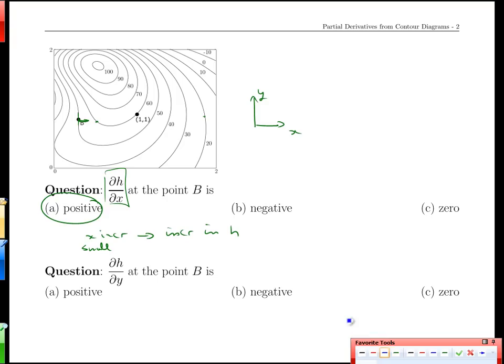Last but not least, what if we looked at the h derivative with respect to y? So we're at this point, and this is where it really helps to zoom in. Again, this is a small or even a tiny increase in y. If we take a very careful look around this point here, what we would see is a contour line, and again, we would do this more rigorously if we had formulas, but if we had that point and we took a step in the y direction, the step keeps us on the contour.